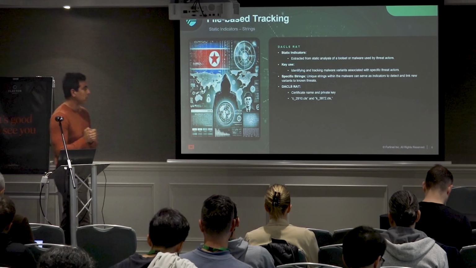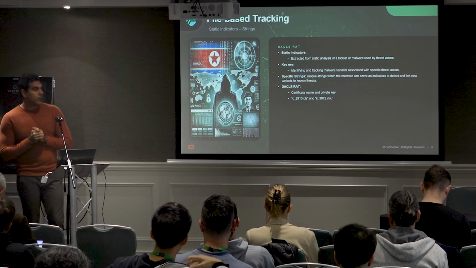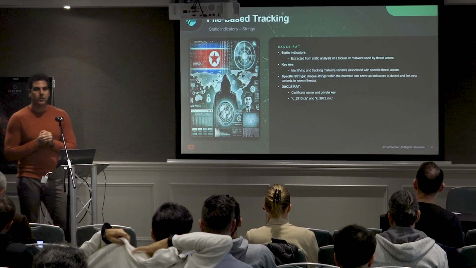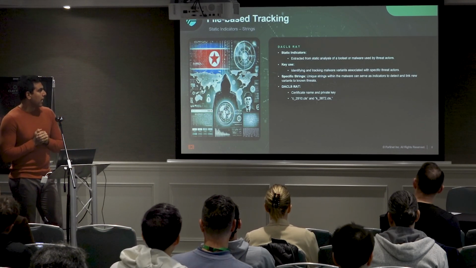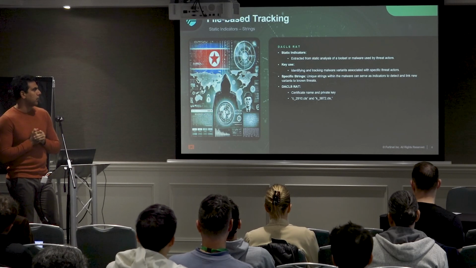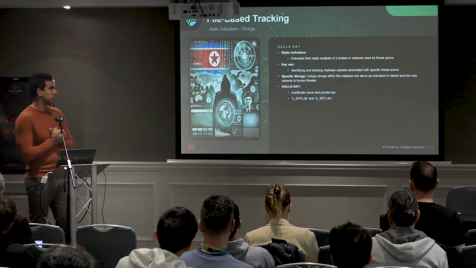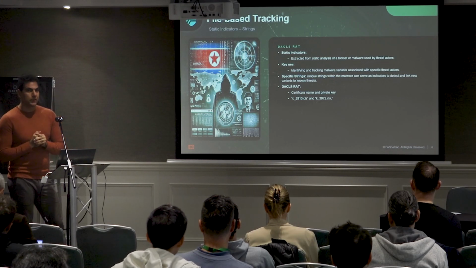An example of this was in 2020 when I was analyzing Dacls RAT, also known as the MATA framework, associated with the Lazarus APT. And I noticed in their Linux and Windows versions, most of the samples were using specific strings, which were a certificate name and private key.